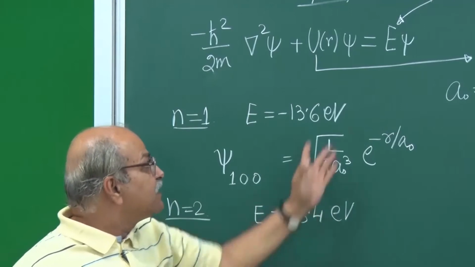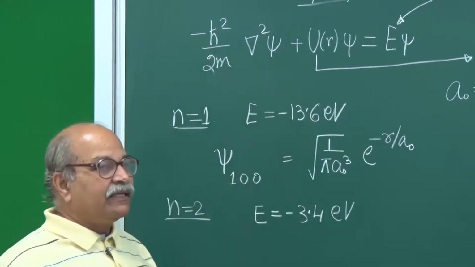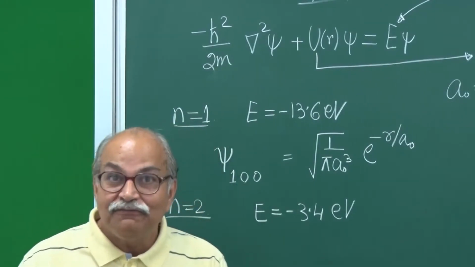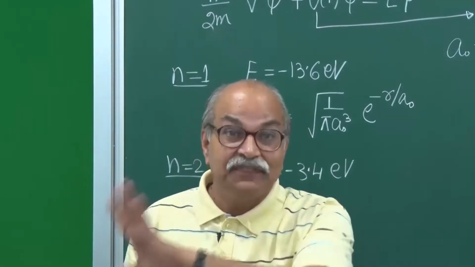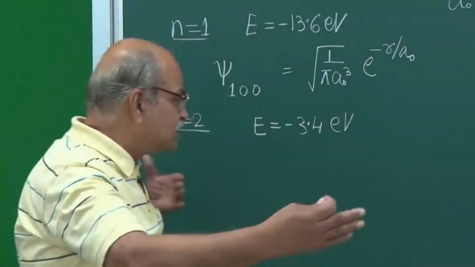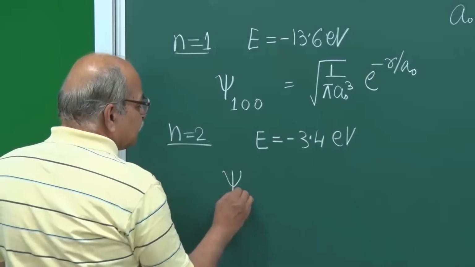And if this is the energy, then what is this psi? And it turns out that more than one functional forms are possible. In fact, 4 of them are possible. And what are those 4? There are some expressions which I will not write here, but there are 4 which we write.